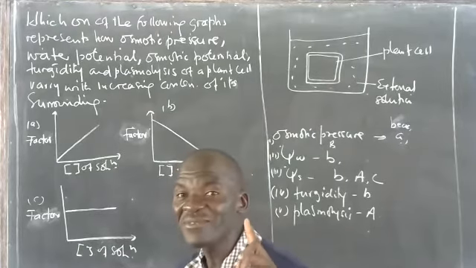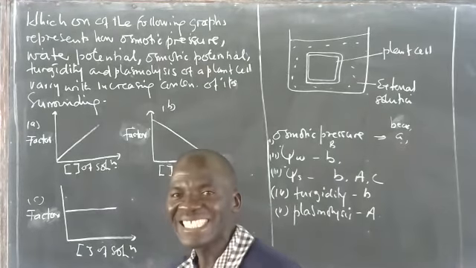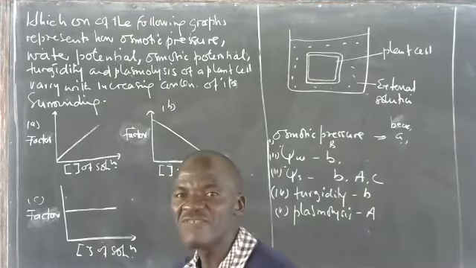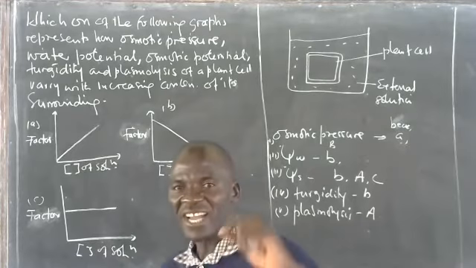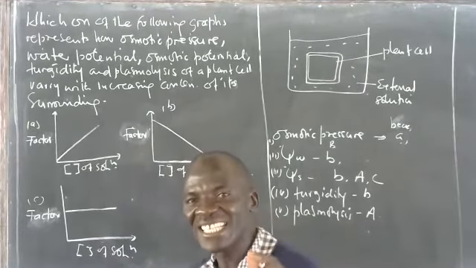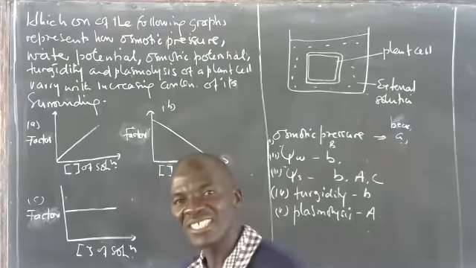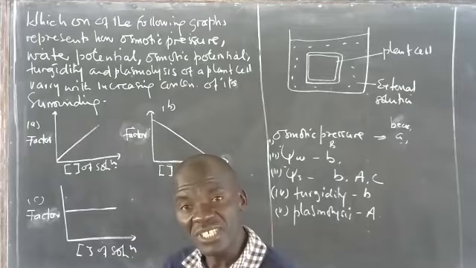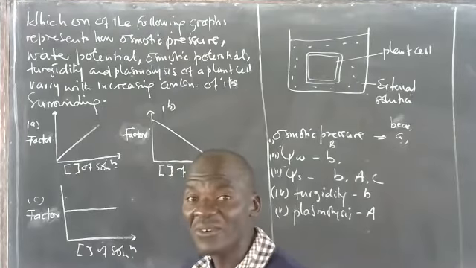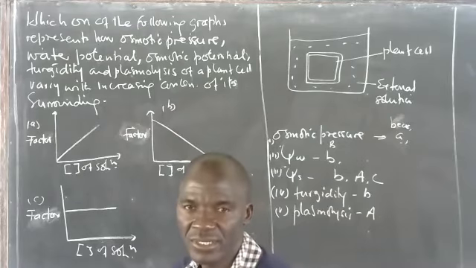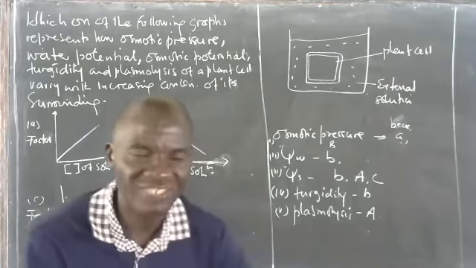But it will have a higher ability to absorb. So I can even modify the first definition: the tendency of water molecules to move by osmosis. I can as well say solute potential measures the tendency of a solution or of a cell to lose water by osmosis. In fact, that one would be very clear and easy to understand.